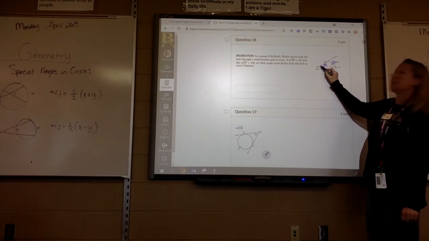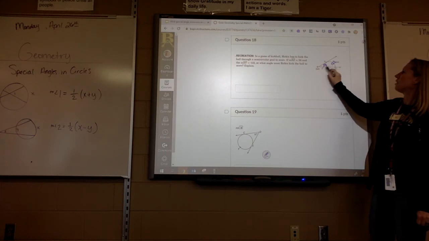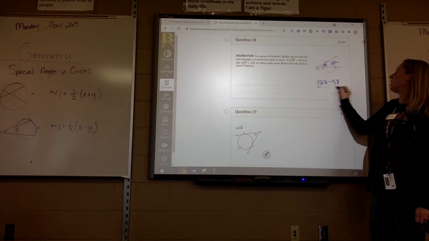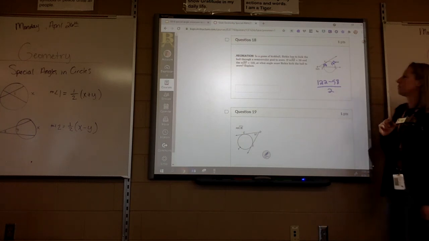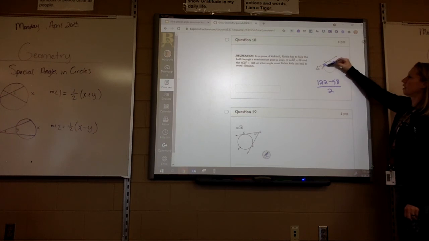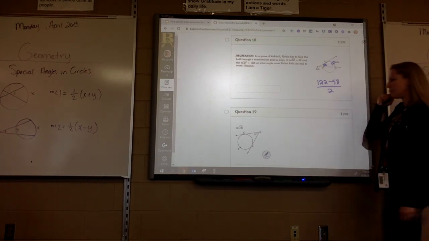So that angle's on the outside. So would I add or subtract? Subtract 122 minus 58 and divide by 2. That's how you'll get that answer. So subtract the arcs and divide by 2 since the angle's on the outside.